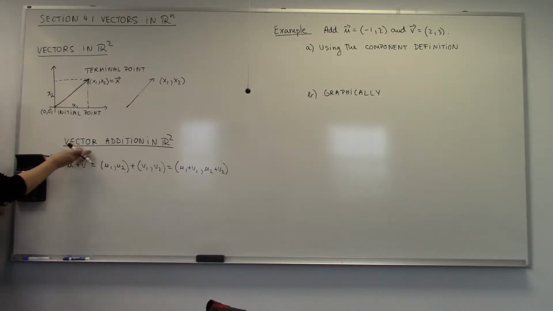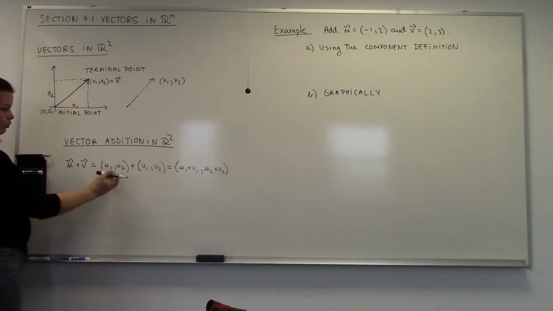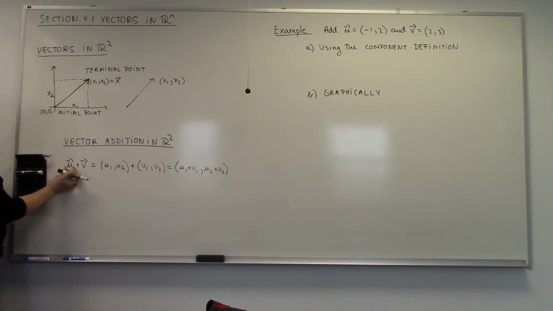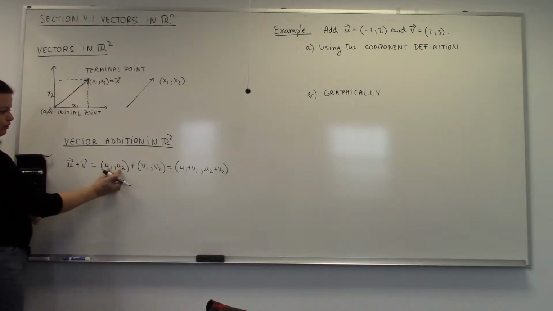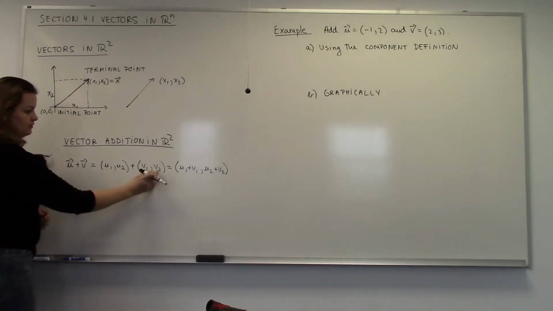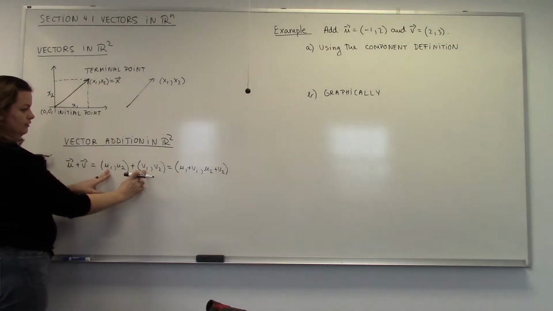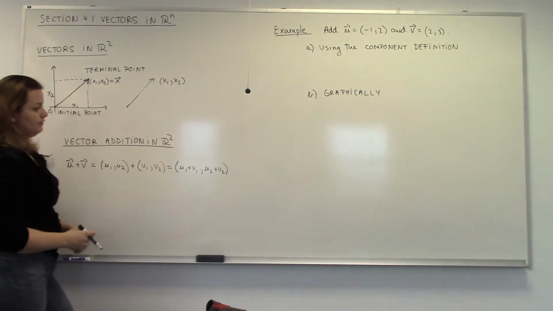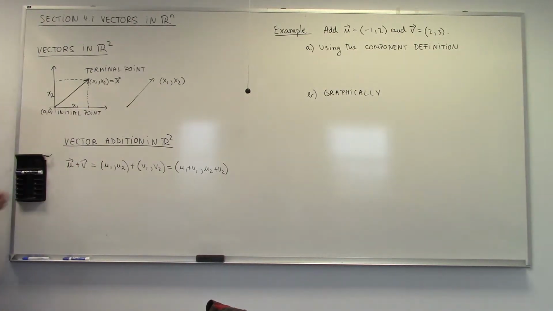So since I can't do bold on the board, we put an arrow on top of these. Now, the way we add vectors in R2 is we add the components. So, assuming that this vector u has components u1, u2, vector v has components v1, v2, we're going to add the x components, and then we're going to add the y components, and we get the vector for u plus v.